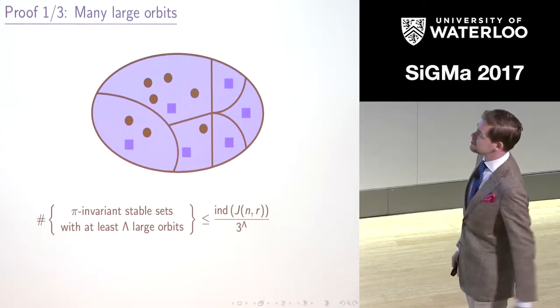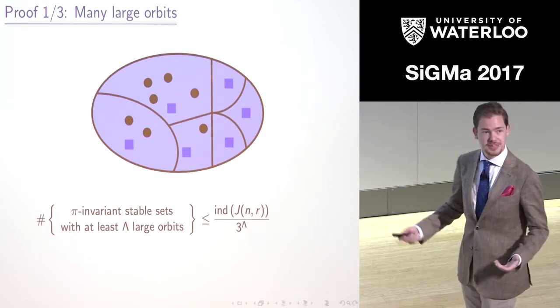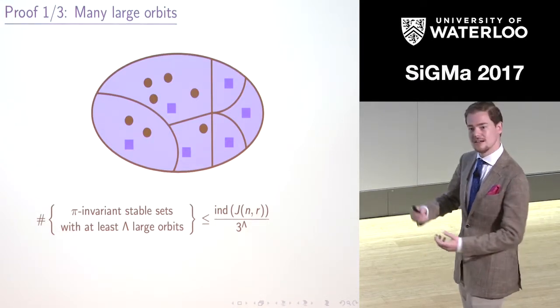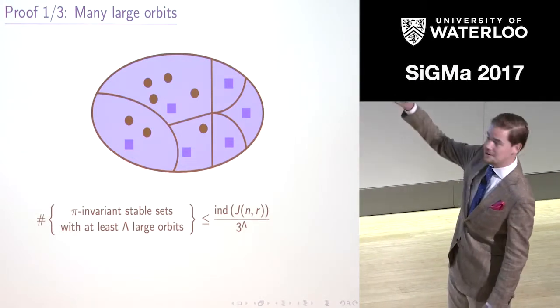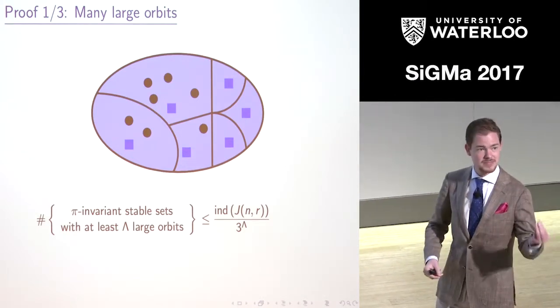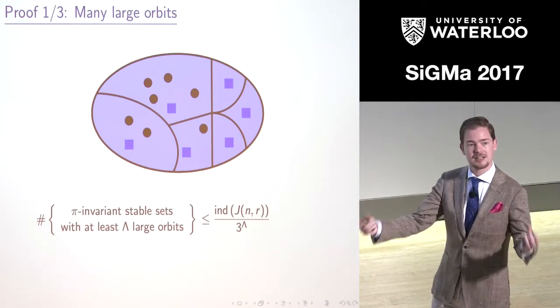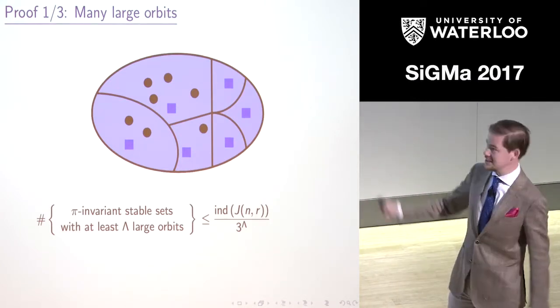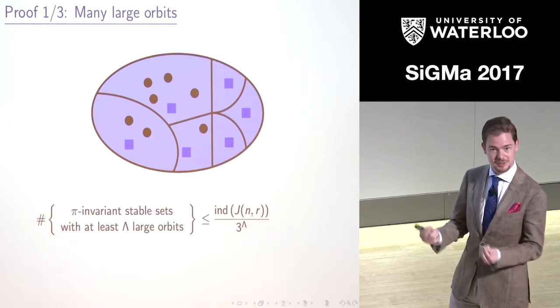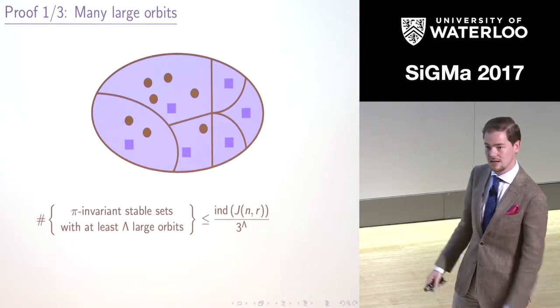That is naturally upper bounded by the number of stable sets in the Johnson graph divided by 3 to the power lambda. 3 because in every one of these orbits I can take one vertex, or the other vertex, or both vertices. That's the worst case, where you have a large orbit consisting of only 2 vertices.